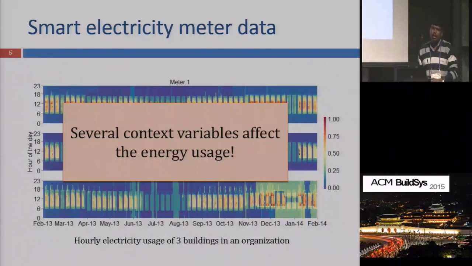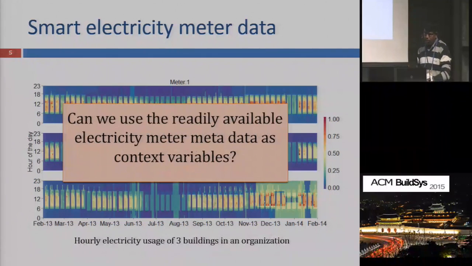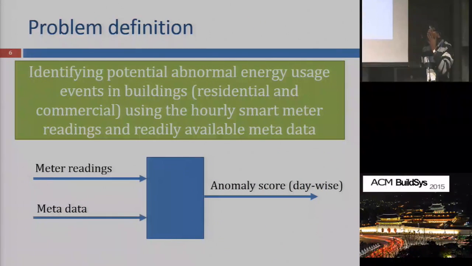We need to put in additional infrastructure, and it incurs a lot of cost and management effort. So the question is, can we use some readily available meta information? In the previous session we were talking a lot about metadata. Can we use readily available metadata that is already there in the electricity meter to improve anomaly detection methods? That is the talk I'm going to present.